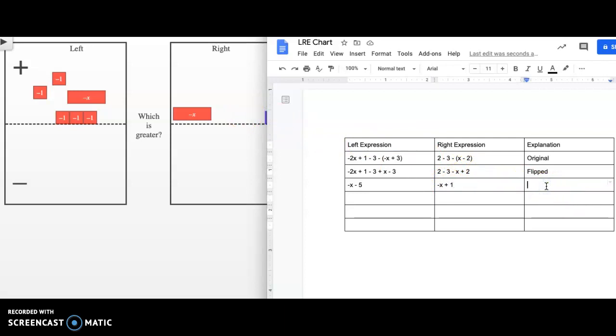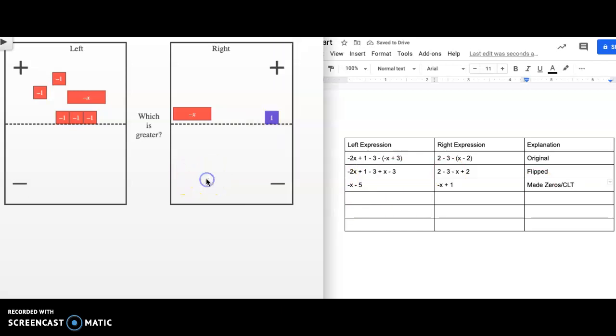All right, and so what we did here is we made zeros. We can call that combining like terms. I'm going to write CLT for combining like terms. All right, now what can I do? I've flipped regions, I've made zeros, and now I know I can balance or remove the same from both sides.